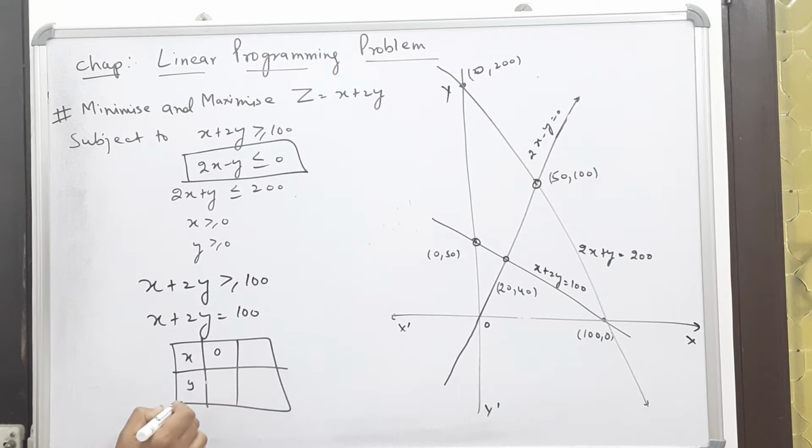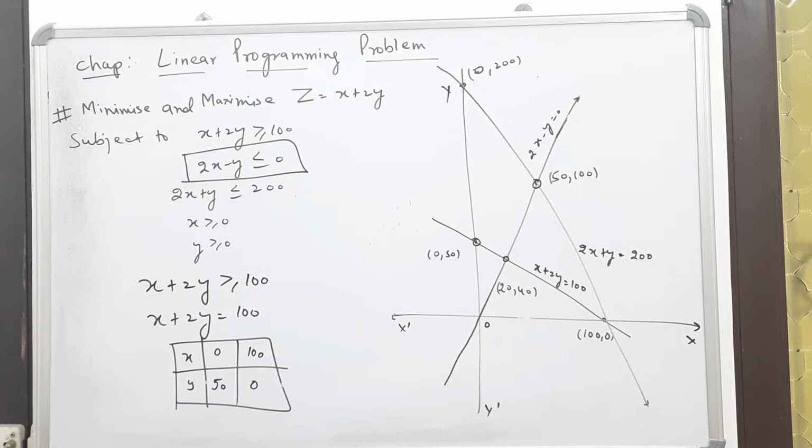When you take x equals 0, the value of y is 50, and when you take y equals 0, the value of x is 100.